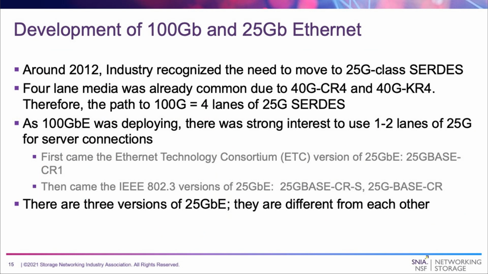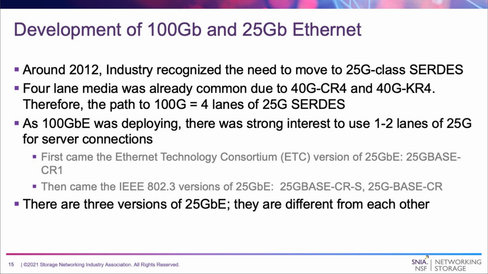Let me transition now to talk about the development of 100 gig and 25 gig Ethernet, because 100 gig is really being deployed in quite broad volume, and we're seeing a real resurgence of 25 gig Ethernet coming into various applications.